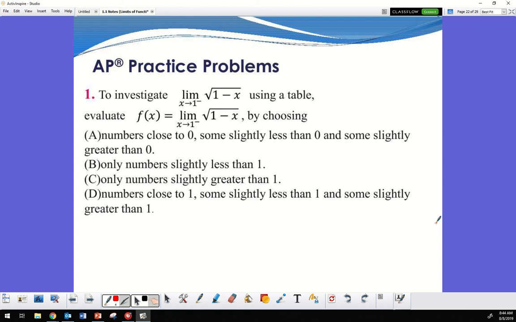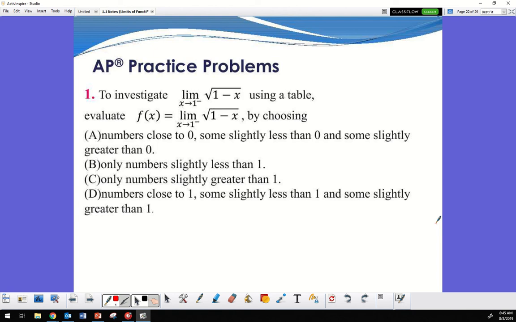So what would be 1 from the left? That would be 0.9, right? So that would give me what number? A positive number, okay.